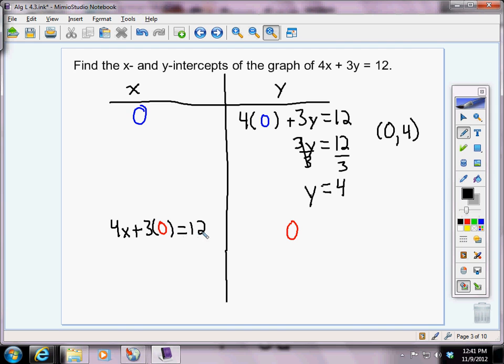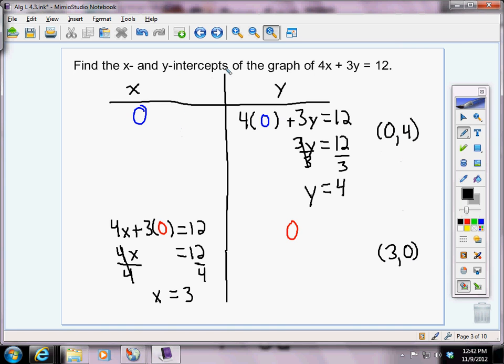And then I'll just solve for x. 4x, 3 times 0 is 0, so that cancels out, equals 12. Divide both sides by 4, and we get a solution of x = 3. That means our graph will hit the x-axis at 3. This is the point (3, 0). So these 2 points here are our intercepts.